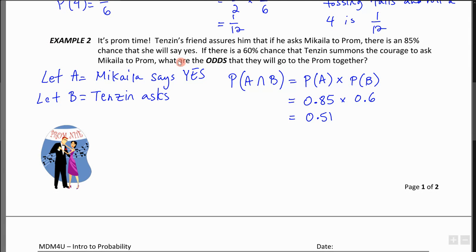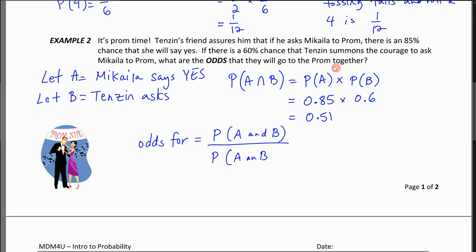But the question does not ask for the probability, it asks for the odds that they will go to the prom together. So odds for, not against, is equal to the probability of A and B divided by the probability of A and B prime, the complementary.